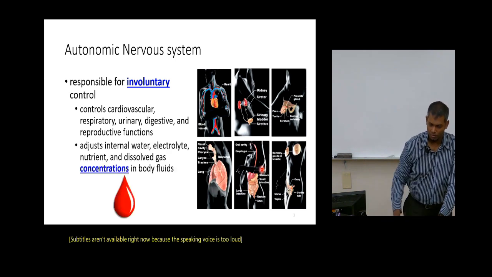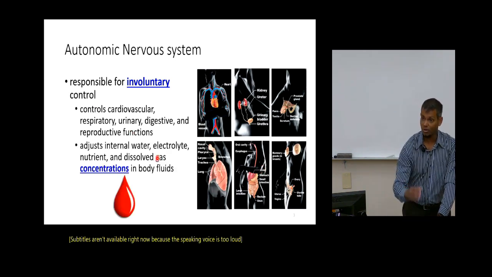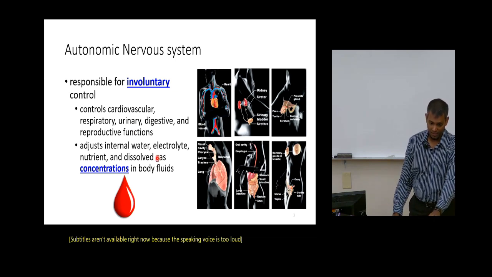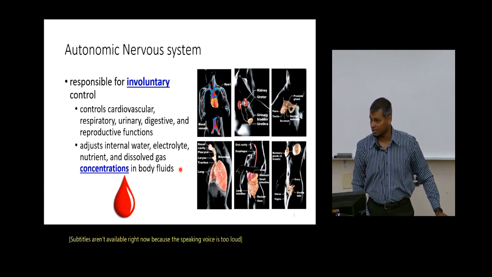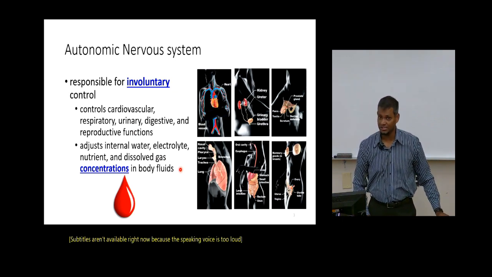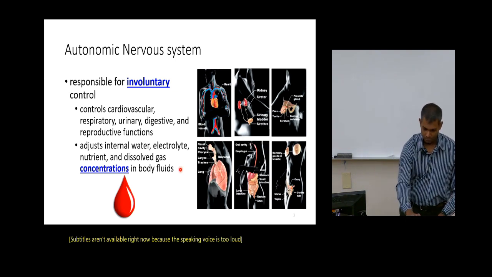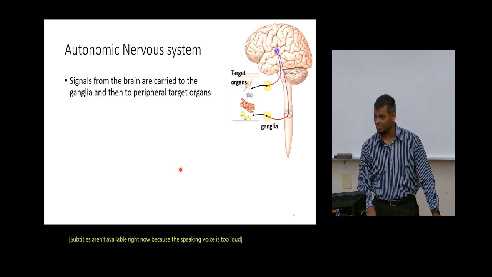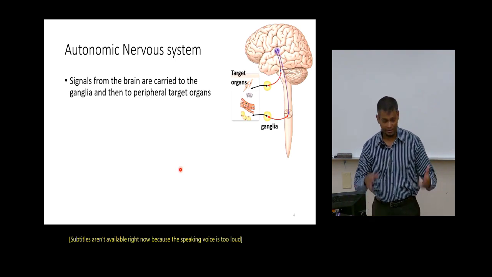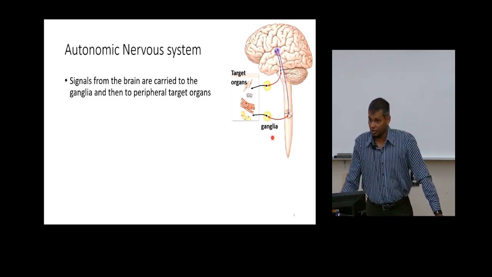And so the overall purpose is to adjust the internal water concentration, and the electrolyte, nutrient, and dissolved gas concentrations in the body. That is the goal of the autonomic nervous system. The signals from the brain are carried to the ganglia shown here, and from the ganglia to the peripheral target organs.